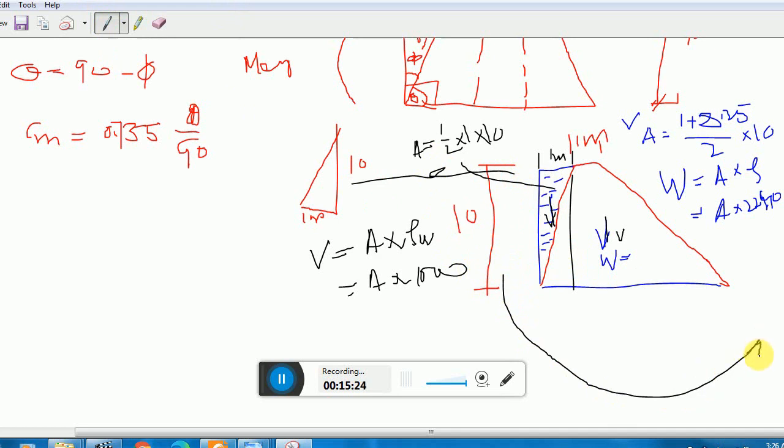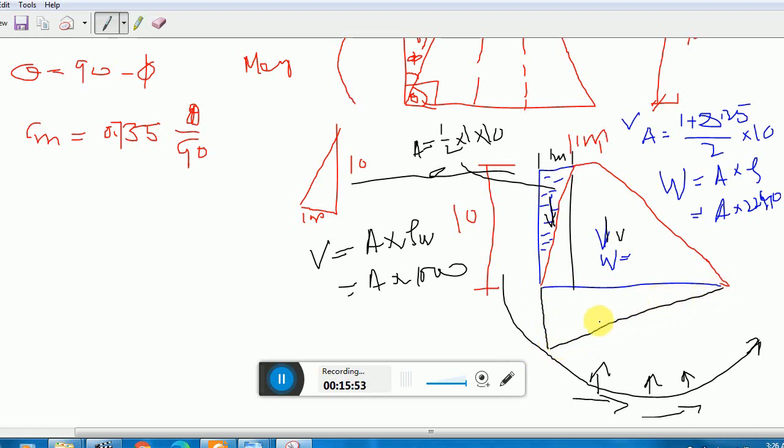When it is moving, this movement of the water is known as seepage. And once the water is moving in the form of seepage, it exerts pressure on the base of the body and causes imbalancing of the dam. So the distribution of the uplift pressure will be in this triangular shape, and I already explained this in part 1.